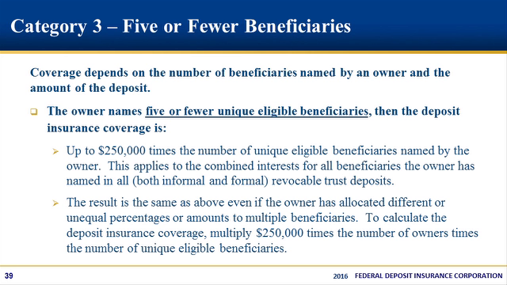But what if the owner has named 5 or fewer beneficiaries and the percentage or dollar allocations to multiple named beneficiaries is unequal? When 5 or fewer beneficiaries are named, we will ignore the unequal allocations. Under the rule, if you have named 5 or fewer beneficiaries, then regardless of the percentage or dollar allocation to the beneficiaries, you simply multiply the number of named beneficiaries times $250,000, and that is the amount of deposit insurance coverage that will be available.